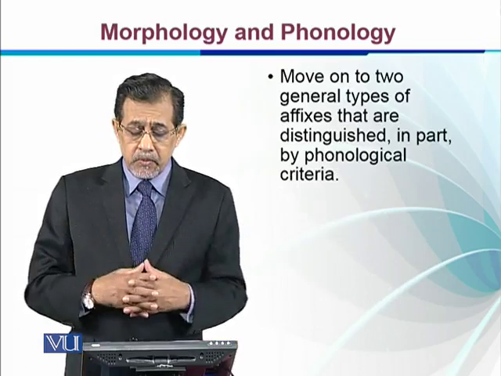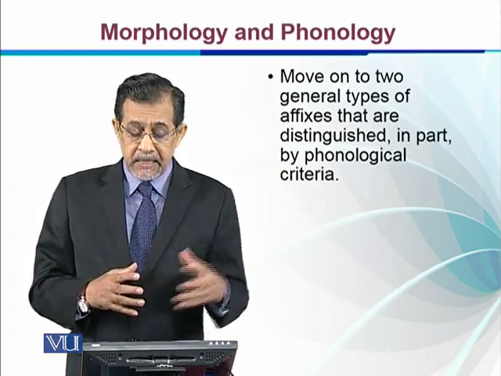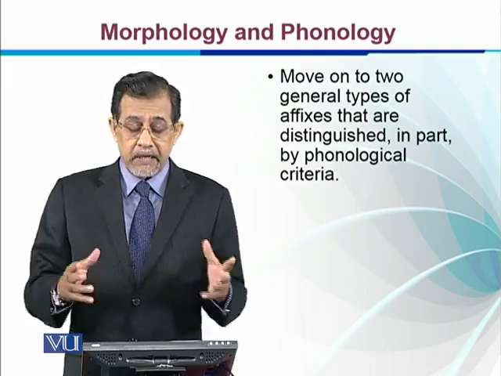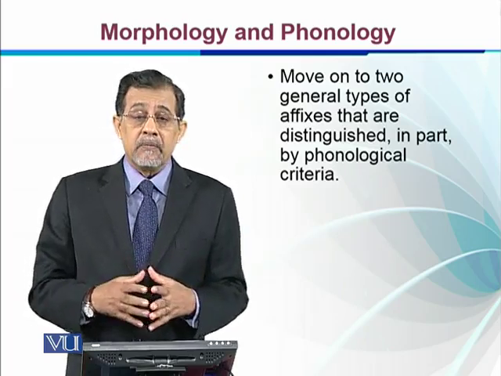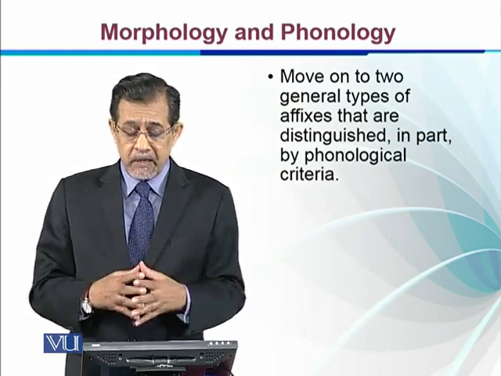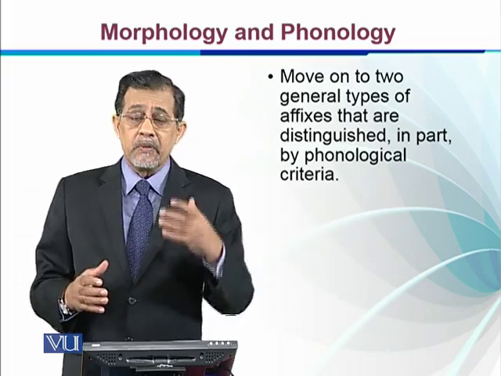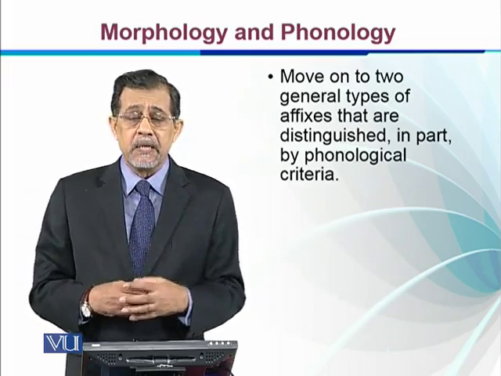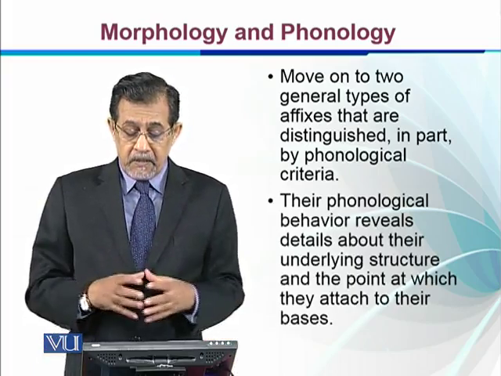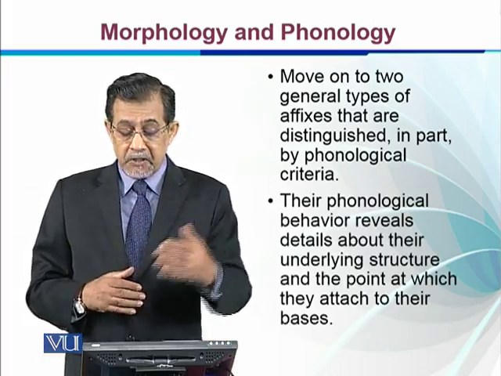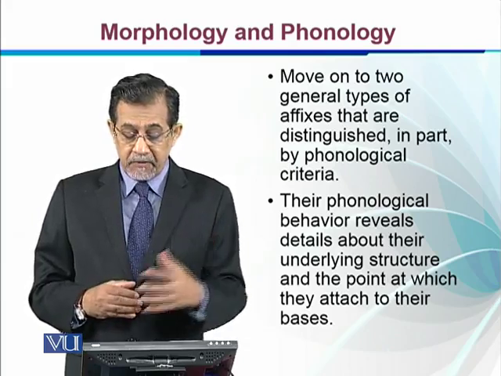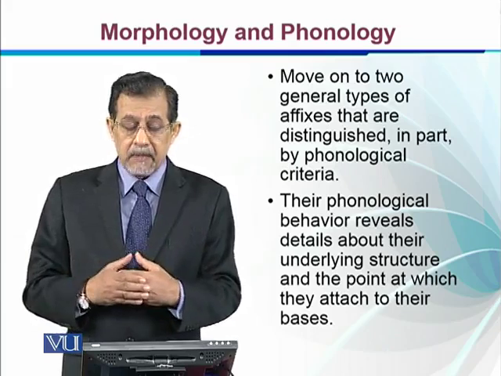Moving on to general types of affixes that are distinguished in part by phonological criteria. When we look at the two general types of affixes, prefixes and suffixes, we see that they create certain phonological criteria for morphemes. Their phonological behavior reveals details about their underlying structure and the point at which they attach to their bases.